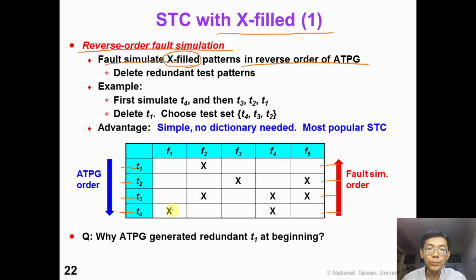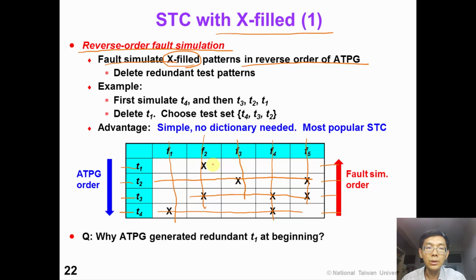If we do so, we would find that F1 and F4 have been detected by test T4. And F2, F5 have been detected by test T3. And then we run simulation for T2 and we detect F3.